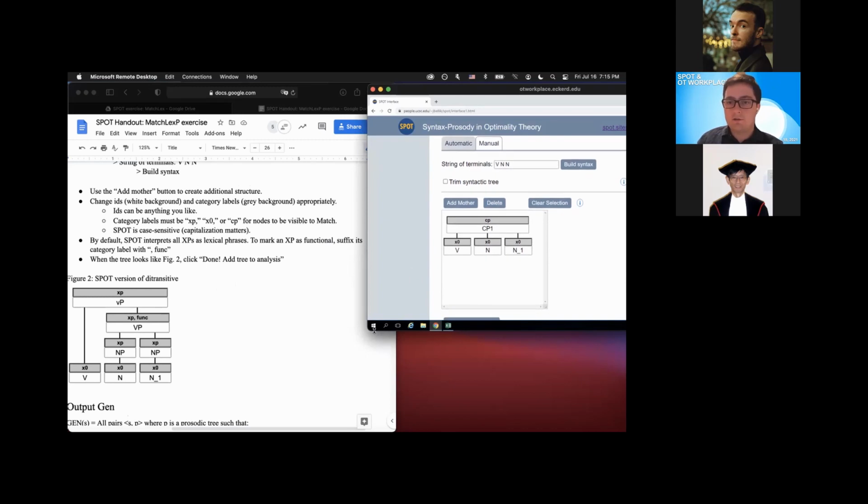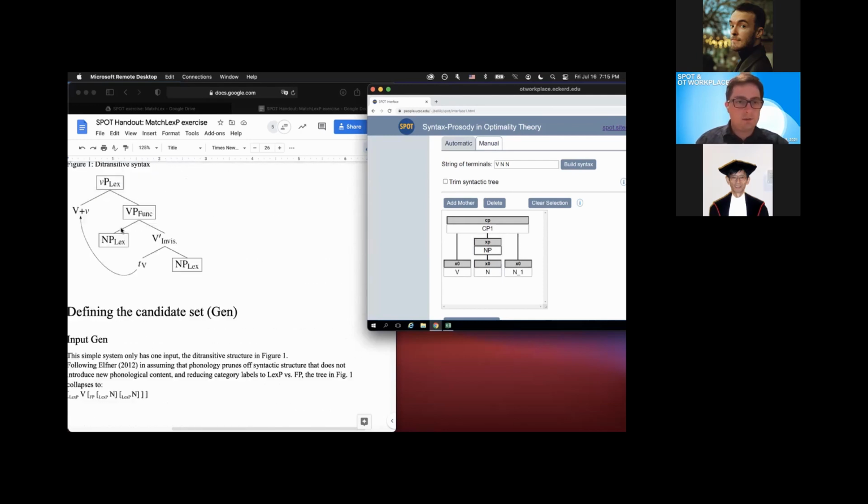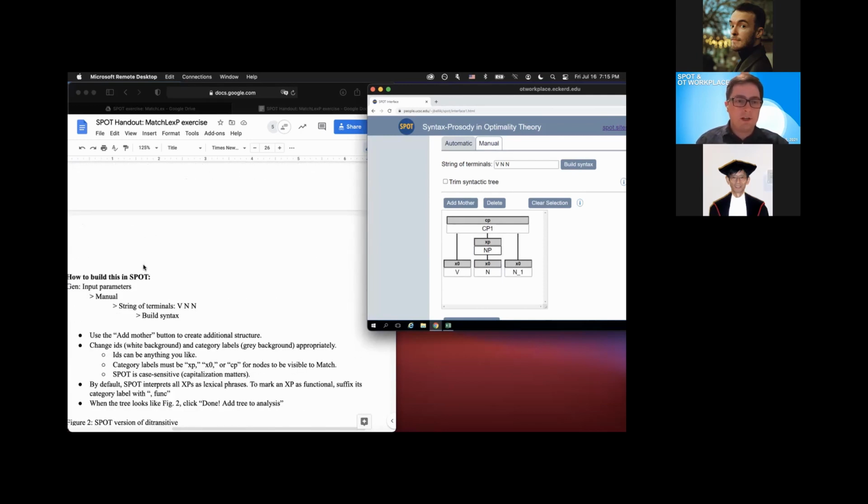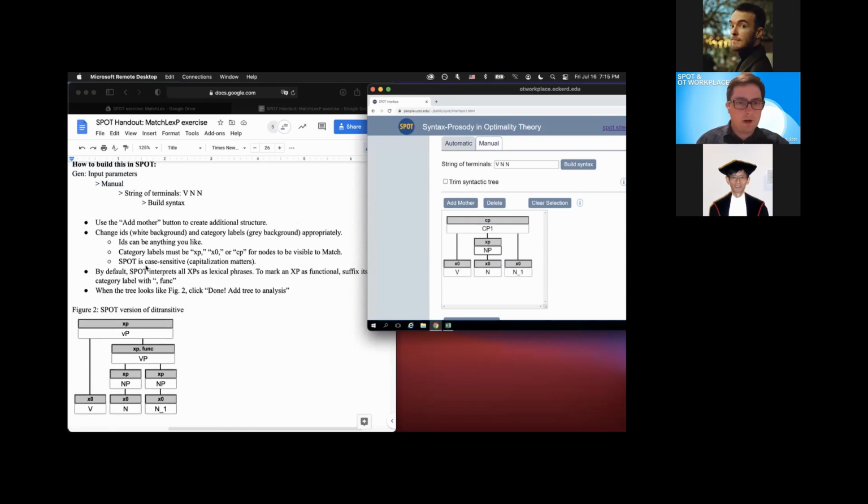To do that, for example, if we wanted to make noun phrases for each of the nouns, you would click on the noun here, and then you click add mother, and now it creates an XP that just contains this noun. It's not necessary to change the label of this to NP, but just to make it clear how this matches the syntax we saw above, I'm going to change that label because it makes it a little more transparent for us as we work through this.